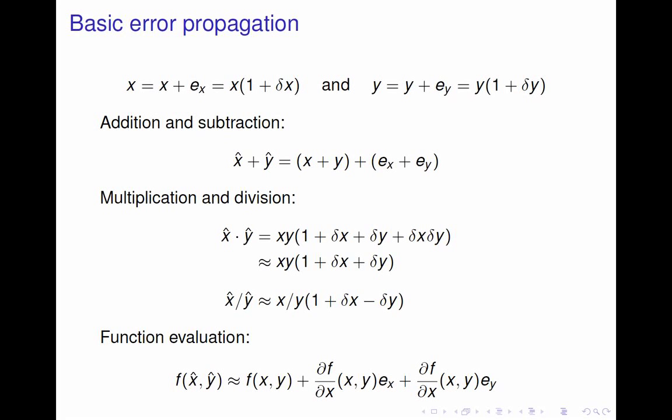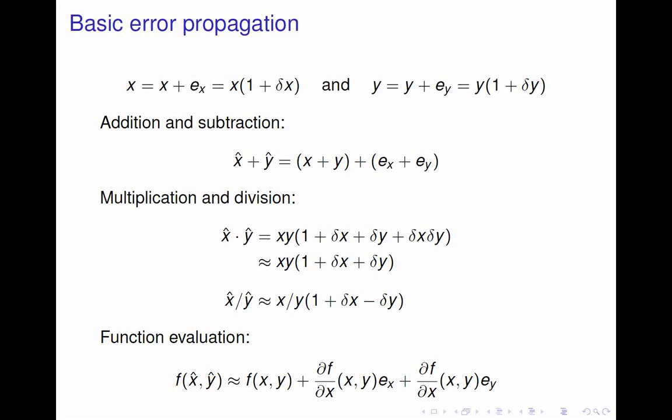If I add and subtract quantities, the absolute errors add and subtract. The relative errors do whatever they do as defined by the absolute errors. But the thing to remember is absolute errors add and subtract. Now the fact that it's absolute errors adding and subtracting and that it's often relative errors that I care about will matter later when we talk about cancellation.